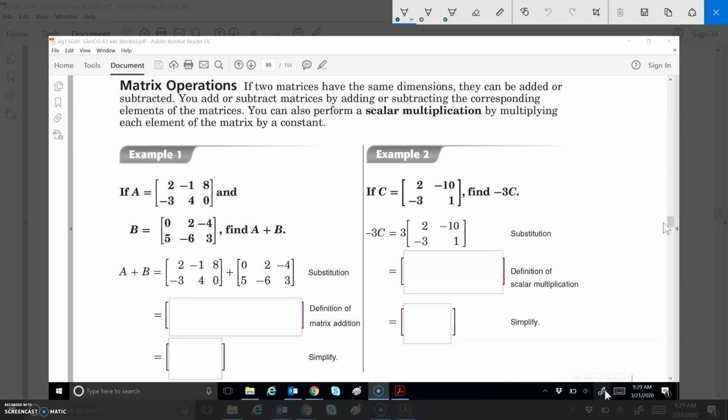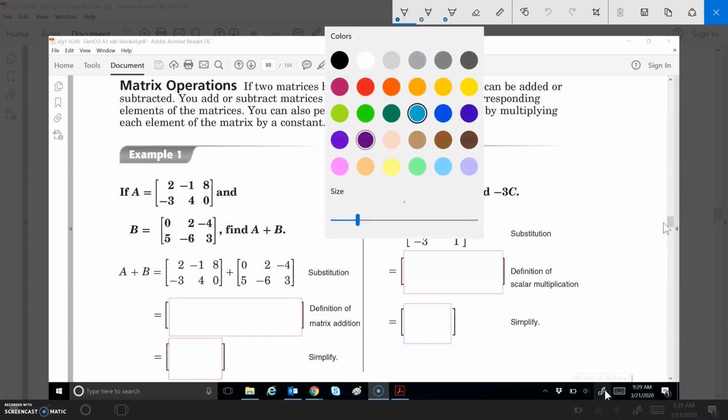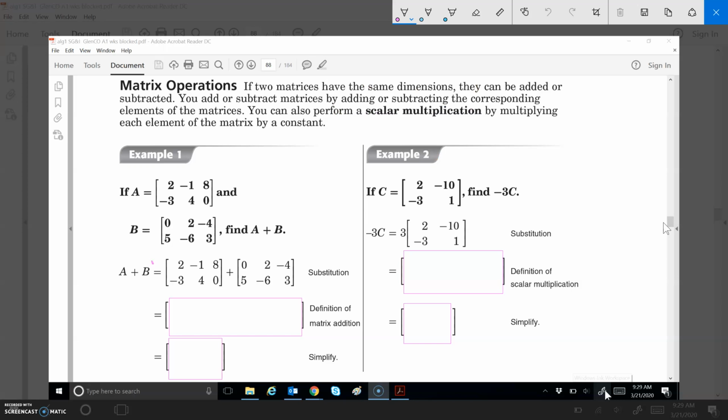Alright, so here we go, row 1, row 2, column 1, column 2, column 3, and row 1, row 2, column 1, column 2, column 3. So 2 plus 0.